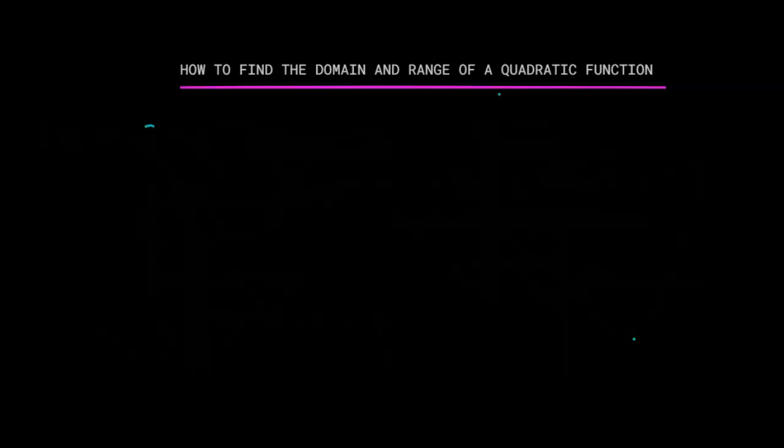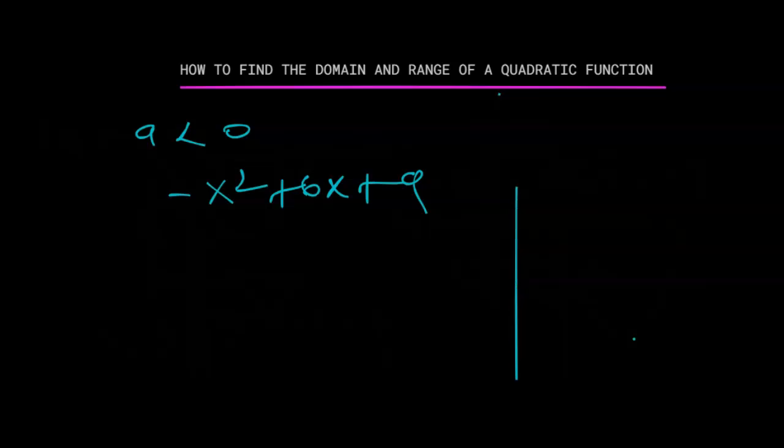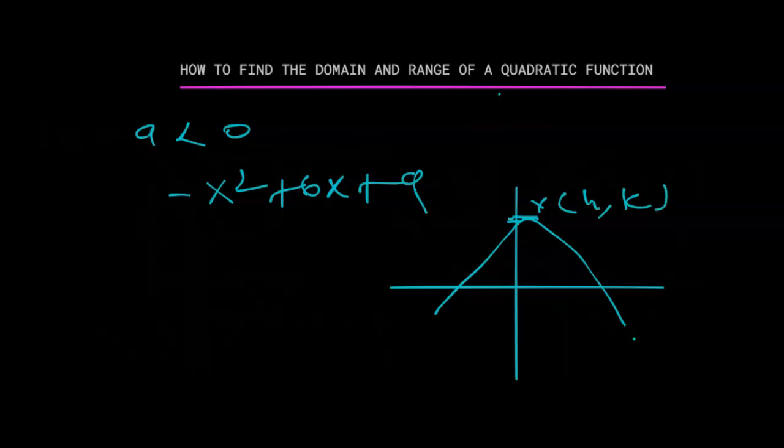So when a is less than 0, for example, −x² + 6x + 9, then the graph of this curve is going to look something like that. And it is always going to have a maximum point, a maximum vertex (h, k).